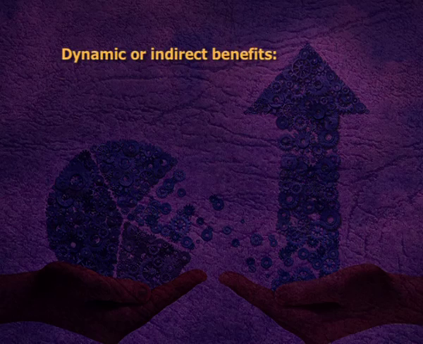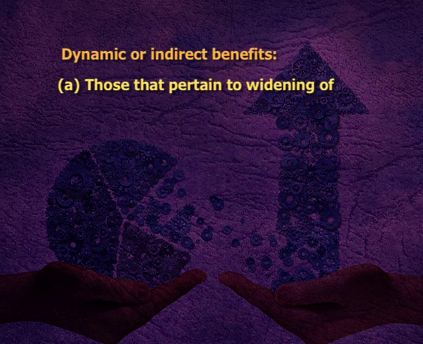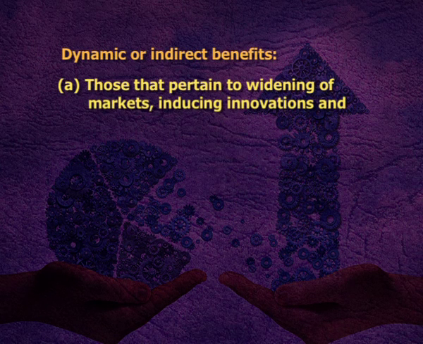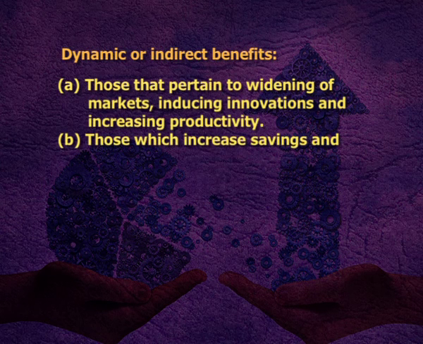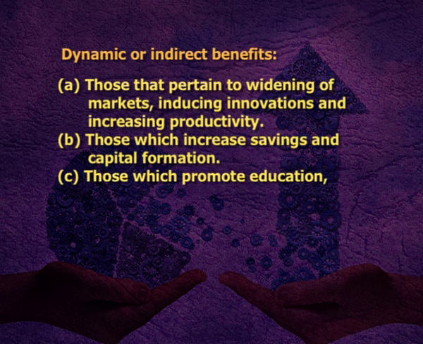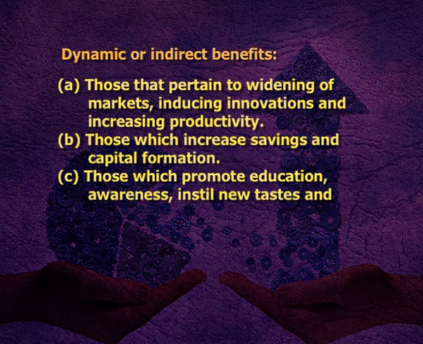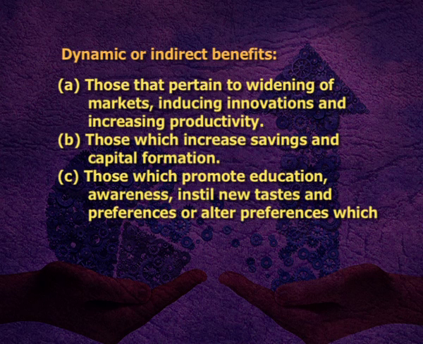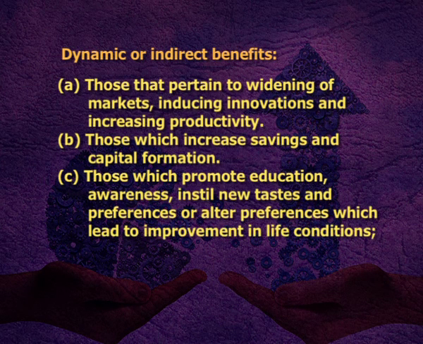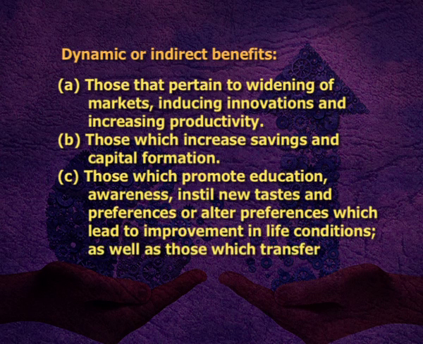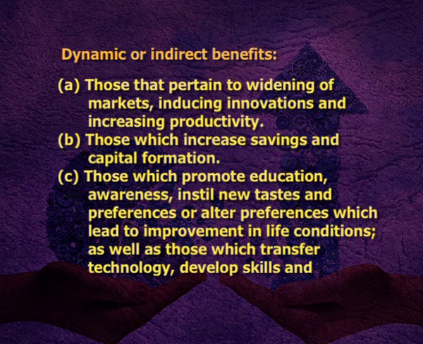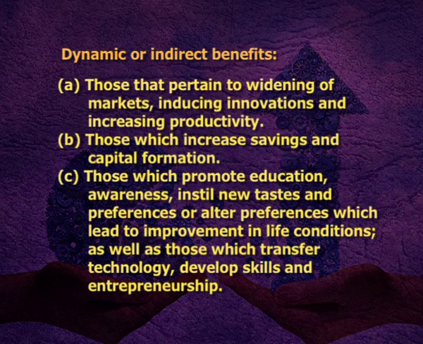Gerald Meier classifies these as A. Those that pertain to widening of markets inducing innovations and increasing productivity, B. Those which increase savings and capital formation, C. Those which promote education, awareness, instill new tastes and preferences or alter preferences which lead to improvement in life conditions, as well as those which transfer technology, develop skills and entrepreneurship.